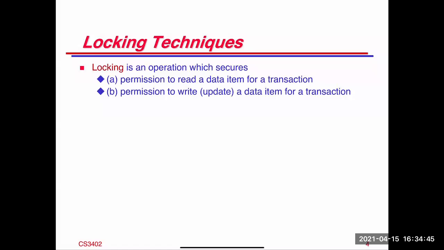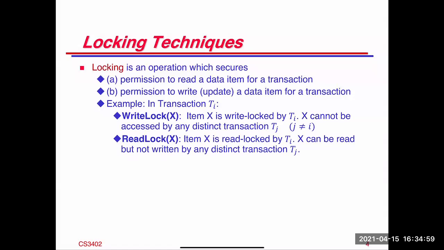Locking is an operation which secures either the permission to read a data item for a transaction, or the permission to write, meaning update, a data item for a transaction. An example: if we have some transaction Ti, and we perform the operation write lock X, then the item X is now write locked by the transaction Ti.